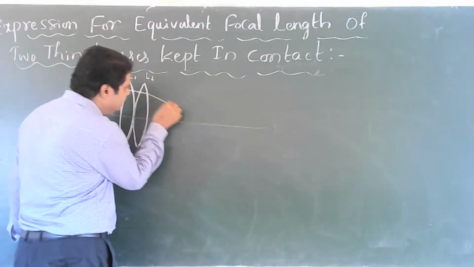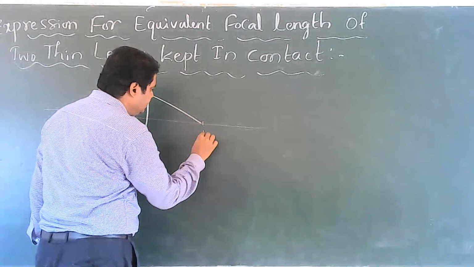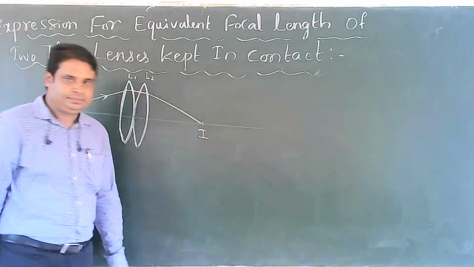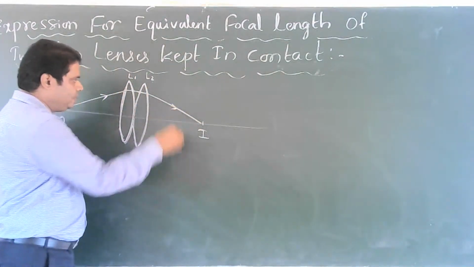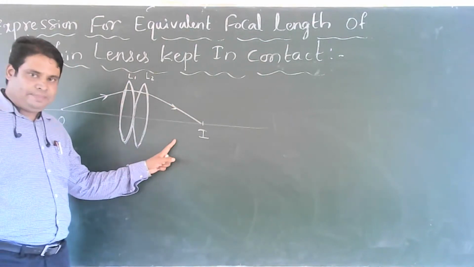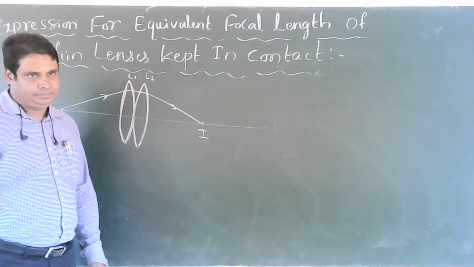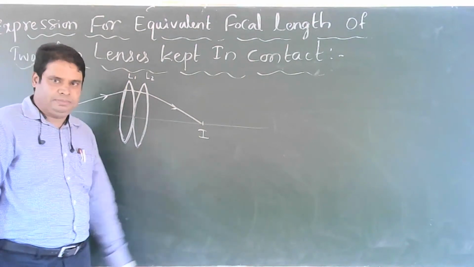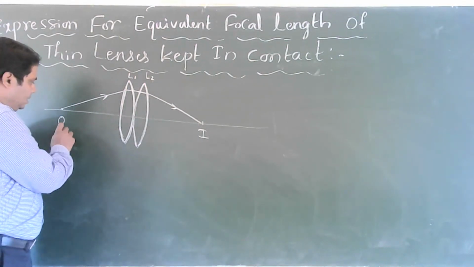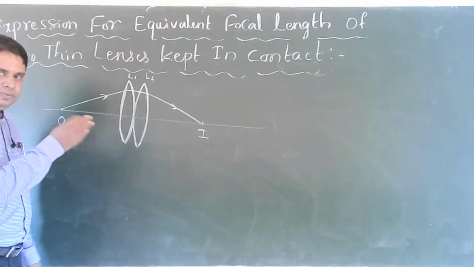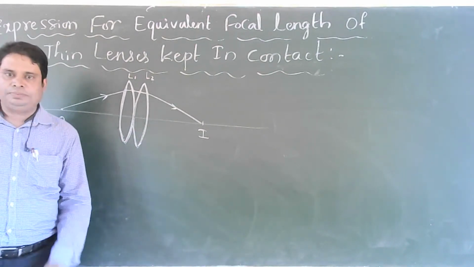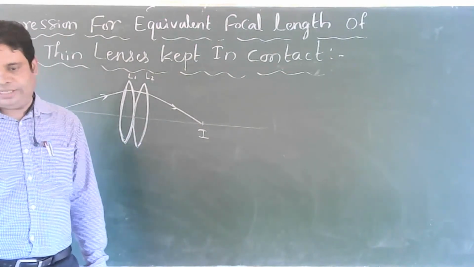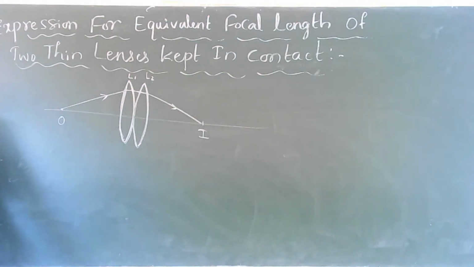Finally, the rays will reach point R, where a real inverted image is formed. This object is placed beyond the focus. Now, what you are supposed to imagine here?